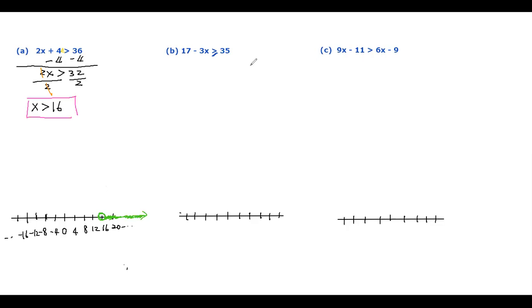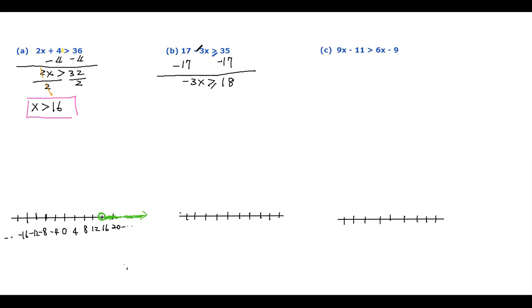All right, so this one, it depends how you want to do it. Let's do the minus 17. So this is negative 3x, and the sign still remains the same. It's greater than or equal to, right? So 35 add negative 17, what do I have in here? I have 18 here, right?